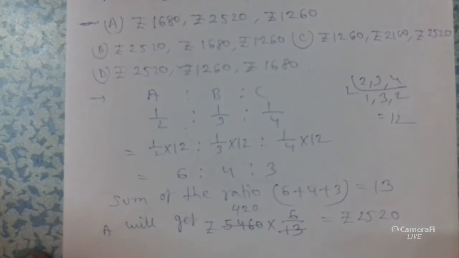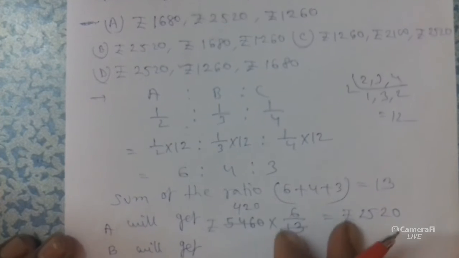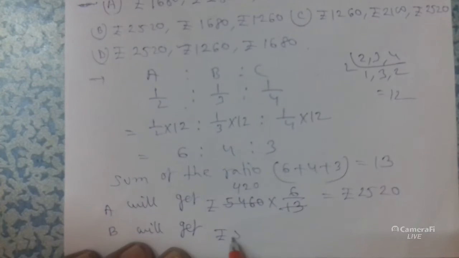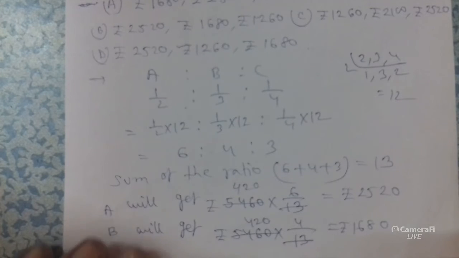So we have to find the second value that B will get. B will get rupees 5460 into 4 by 13, since B's parts are 4. So it will be rupees 1680.